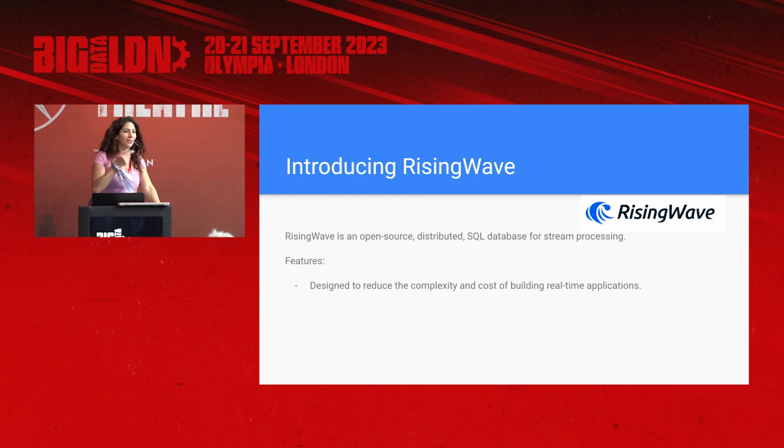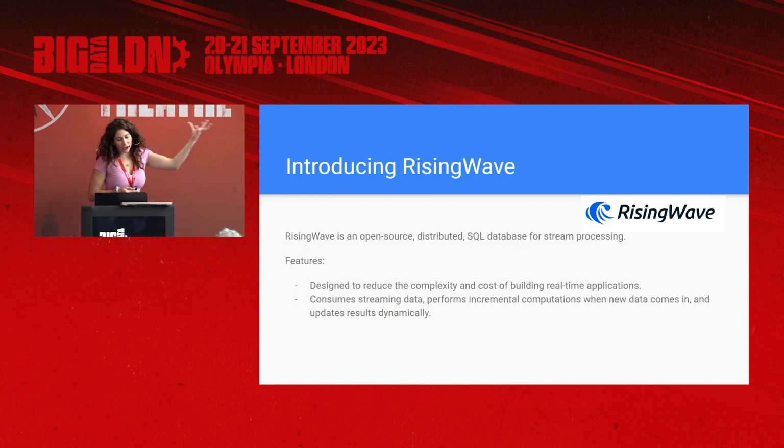Streaming data is very useful for real time. So what it essentially does is consume the streaming data and then perform incremental computations while the data is coming in, during the stream before it gets put somewhere, and then it updates the results dynamically.